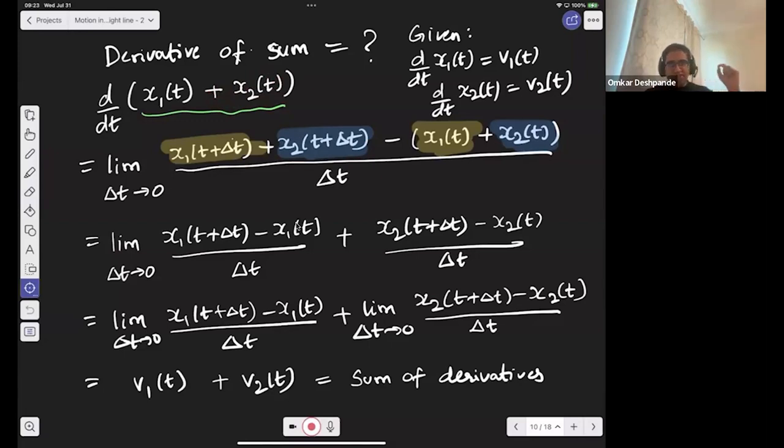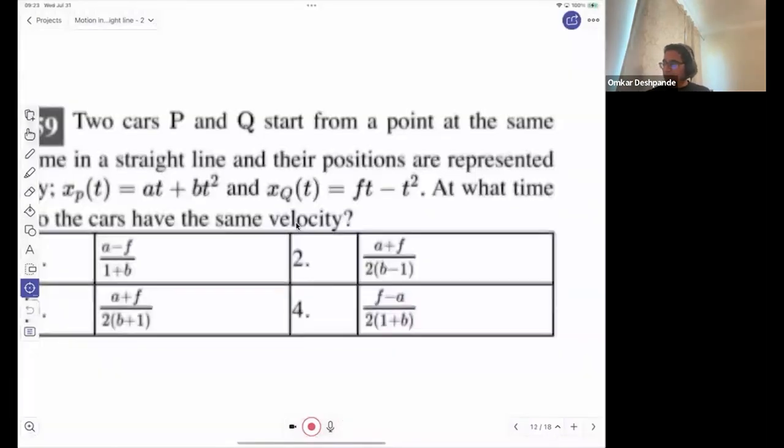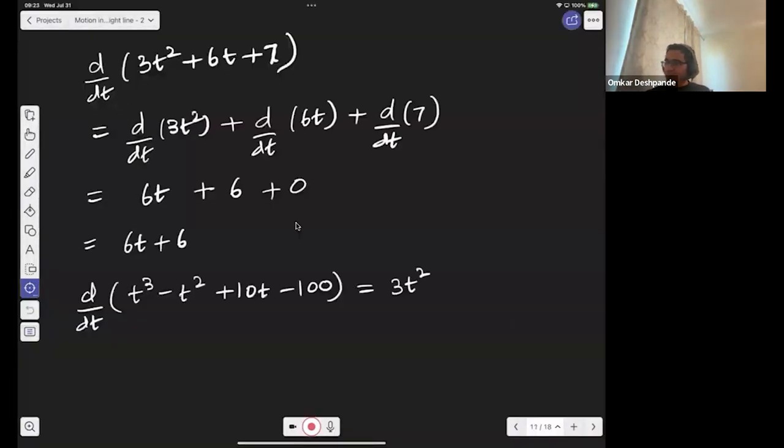So that means the minus sign would come outside the derivative and I would just take the derivative of this. That means the derivative of x1 minus x2 would be the same as the derivative of x1 minus the derivative of x2. So therefore the derivative of t cube minus t square is the derivative of t cube, which is 3t square, minus the derivative of t square, which is 2t.